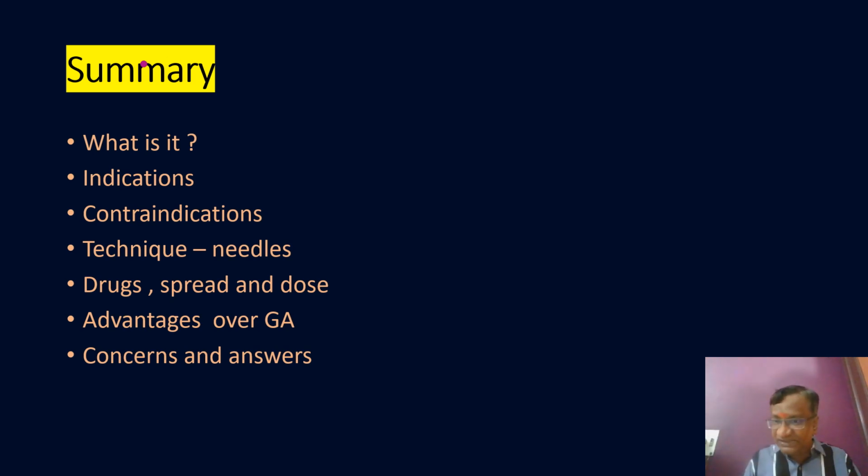What are the contraindications? It doesn't change from the normal spine. What about the technique? The most important is the technique. We should go in slowly and get it. The needle, you may not change; 24, 25, 26, whatever you are used to.